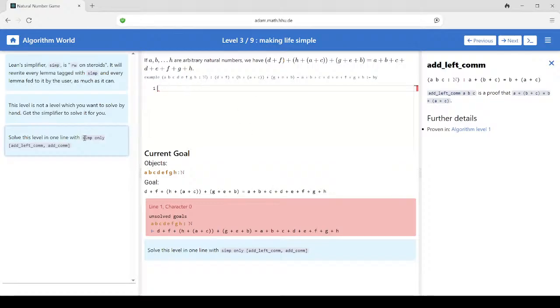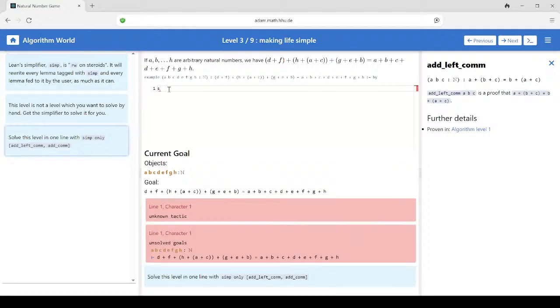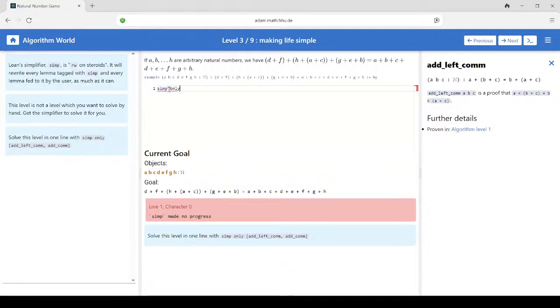So in order to use simp only, first we're going to use add left commutative, which is going to take, what exactly is the order here?